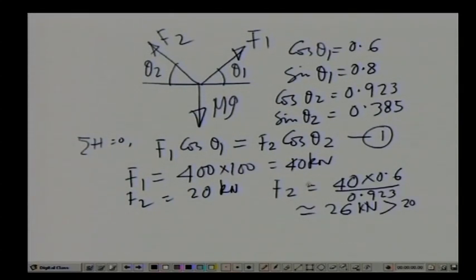So, instead of using F2, let us use F1. F1 in terms of F2 is 20 times 0.923 divided by 0.6, which is less than 40.